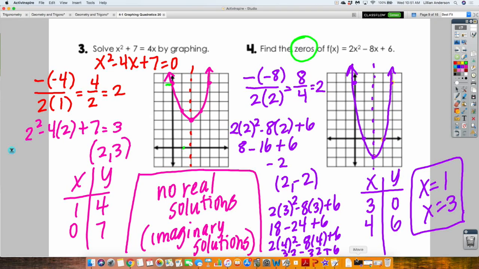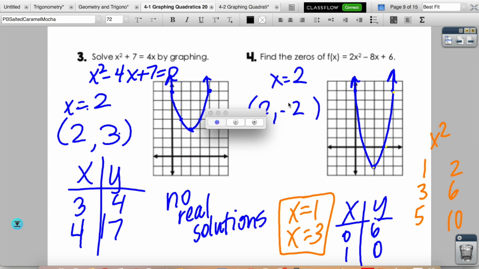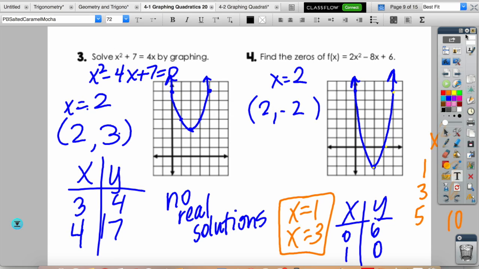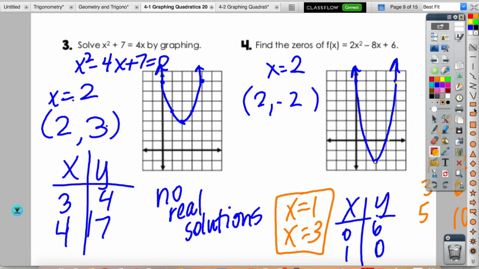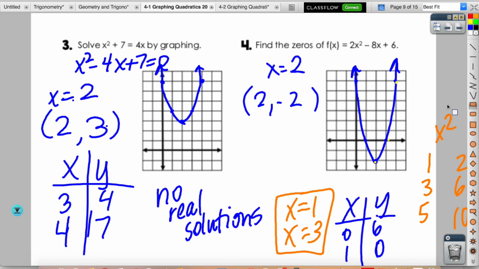But just to show you, I'm going to plug in 3 and I'm going to plug in 4 into my original function. So 3 squared is 9 times 2 is 18 minus 24 plus 6. What is that?